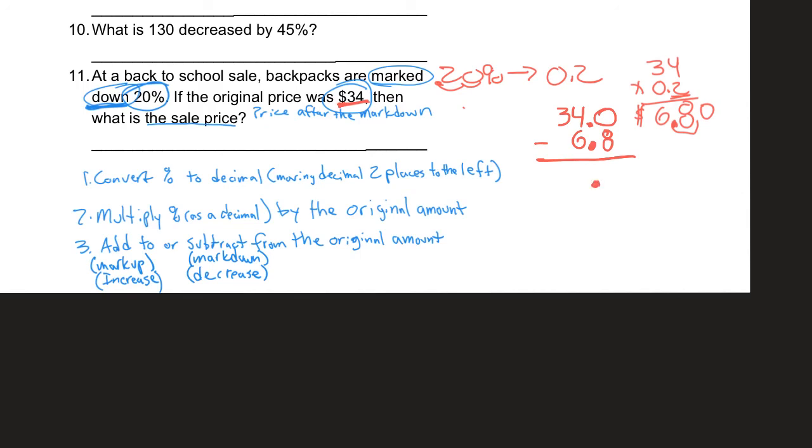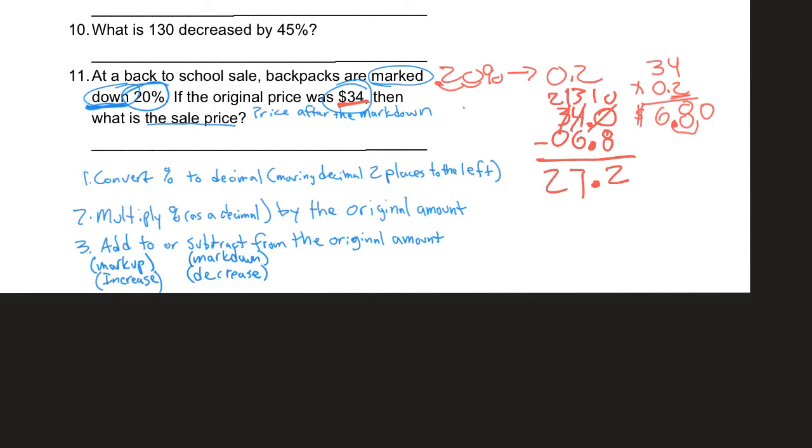So these always stay lined up. All right, well, 0 minus 8, well, I'm going to have to borrow. So I got 10 minus 8. Okay, that's 2. Now I have 3 minus 6. Oh, I've got to borrow again. 13 minus 6 is 7. And then 2 minus 0, because this is actually 0 here, is 2.